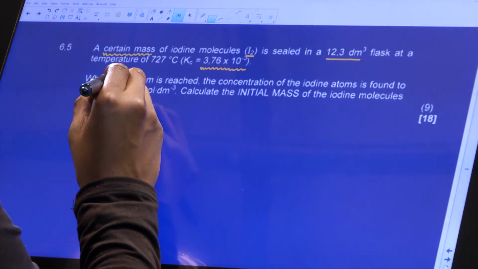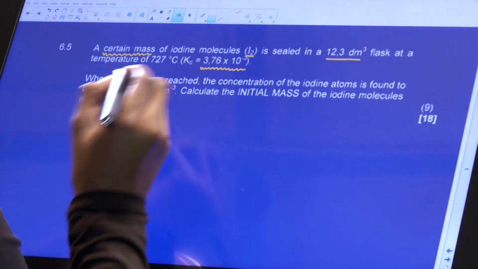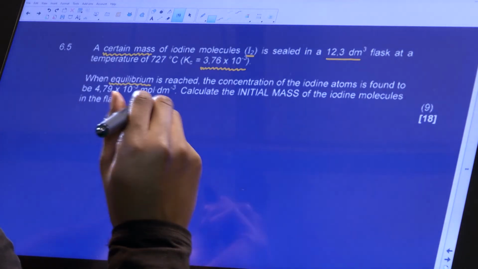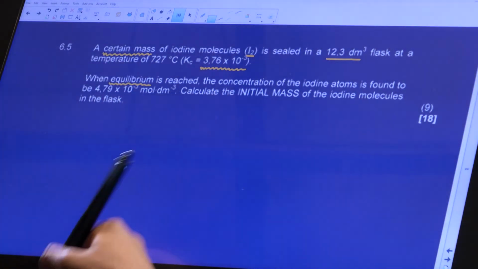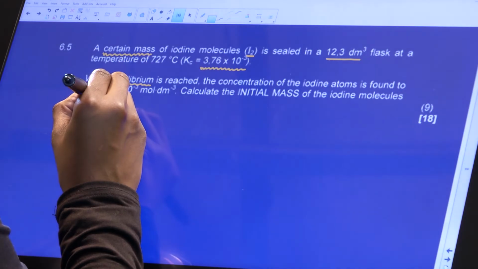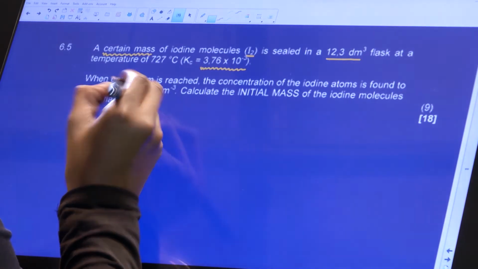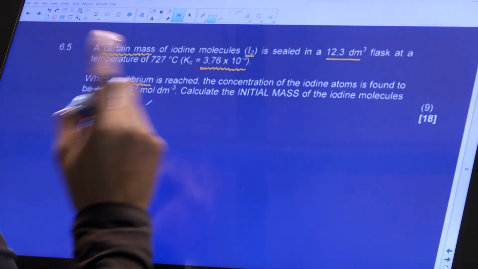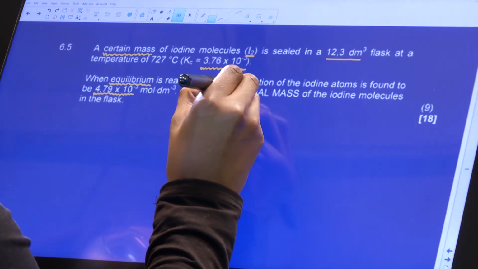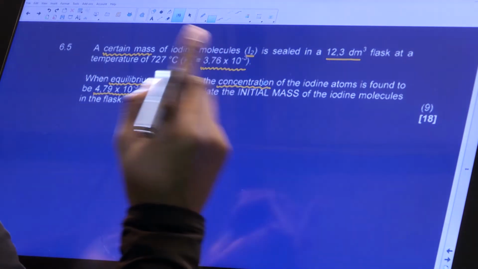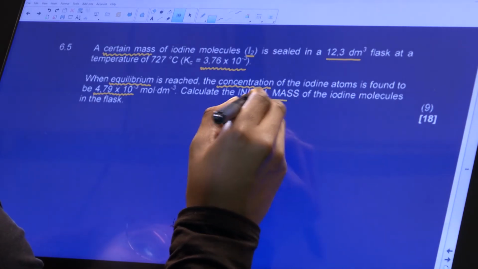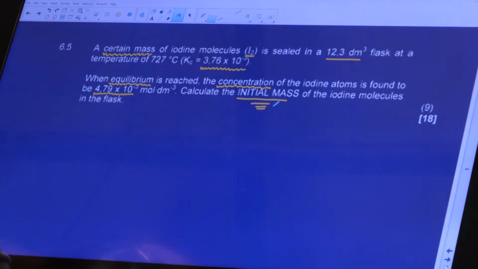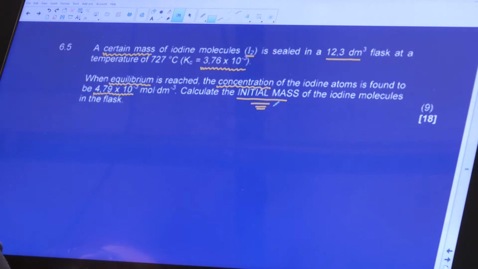Now, when equilibrium is reached, the concentration of the iodine atoms is found to be 4.79 times 10 to the negative 3 moles per cubic decimeter, which is concentration, very important. We must calculate the initial mass of the iodine molecules in the flask.